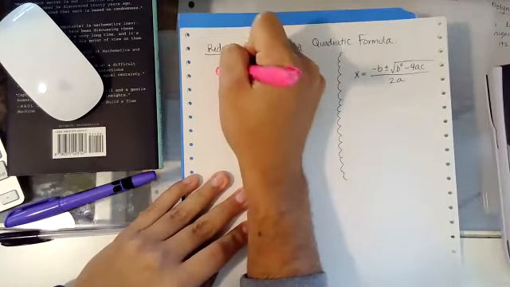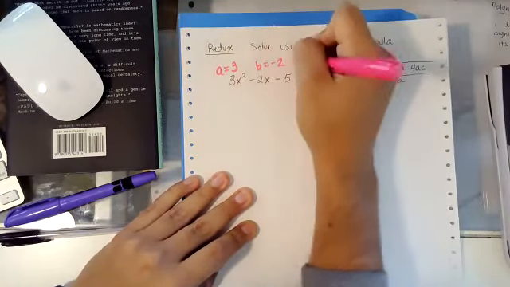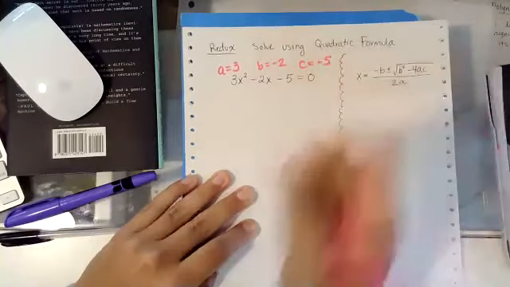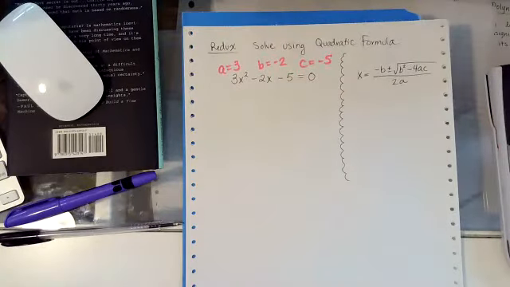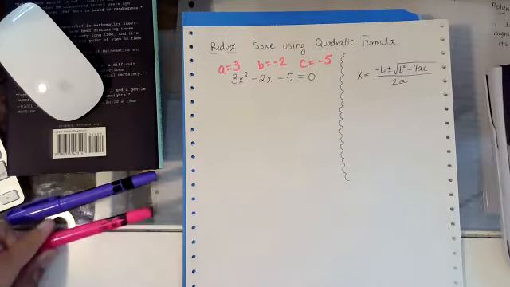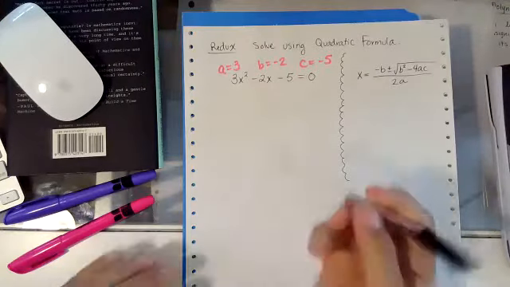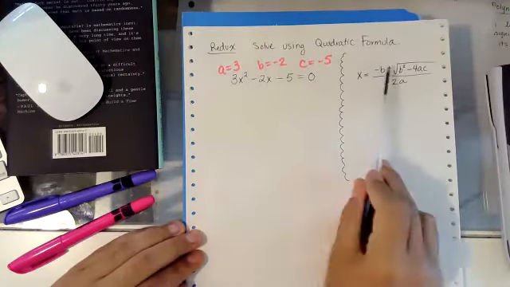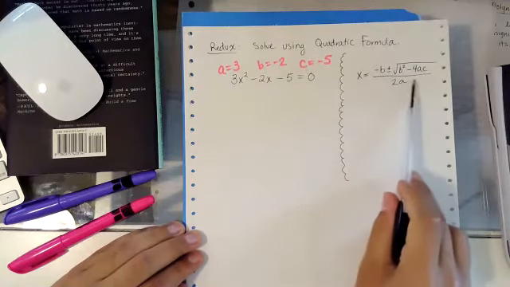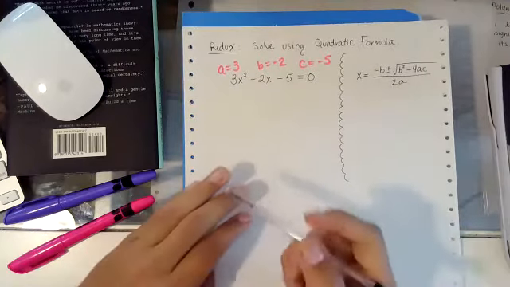So a is equal to 3, b is equal to -2, c is equal to -5, right? We've been labeling it that way since we started factoring trinomials. So it's nice and convenient that these labels correspond to these variable terms inside our formula.